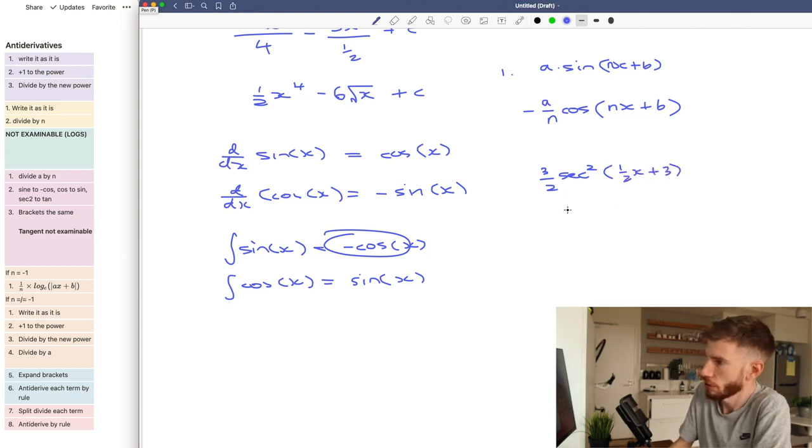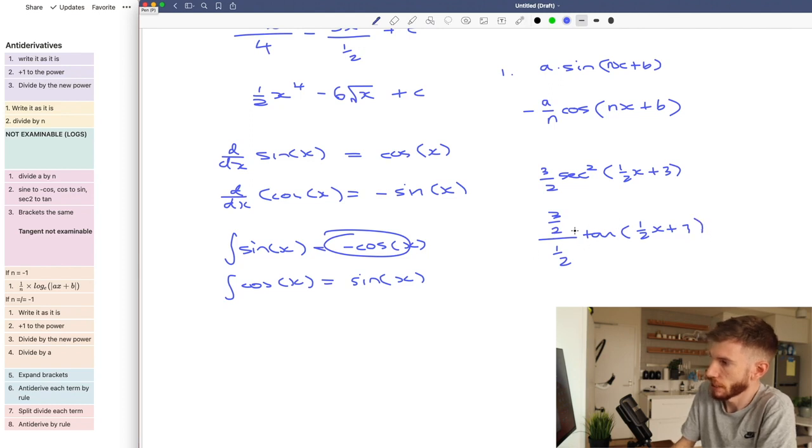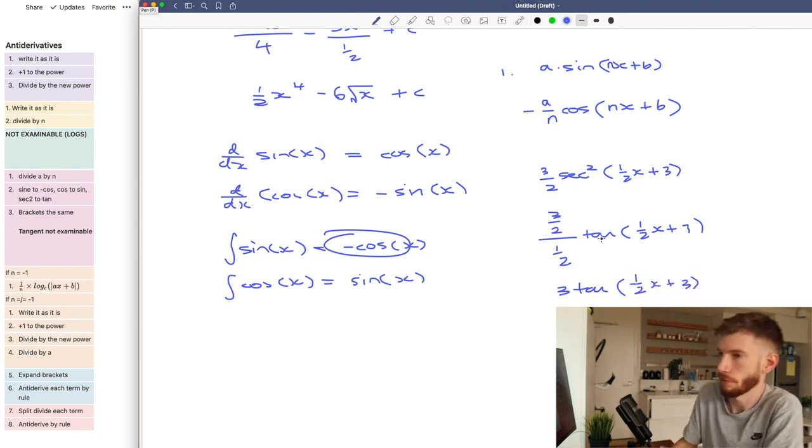So the first thing that we would do is write, okay, 3 on 2, we're going to divide out the n, which is a half. We'll deal with that later. Secant squared then becomes tan, and the brackets stay the same. And then we can clean up the front here. 3 on 2 divided by half gives us 3. You can also times and flip. And now we've got the antiderivative of that one as well.